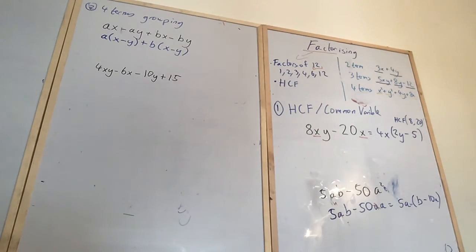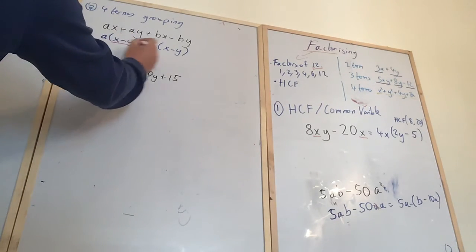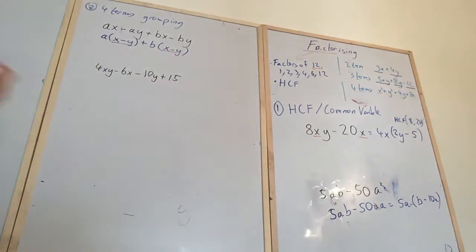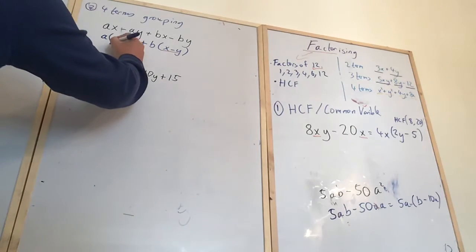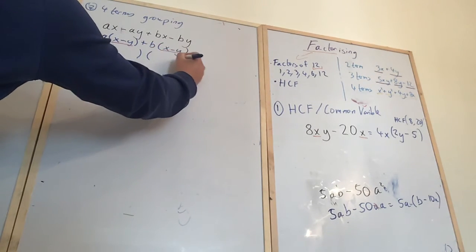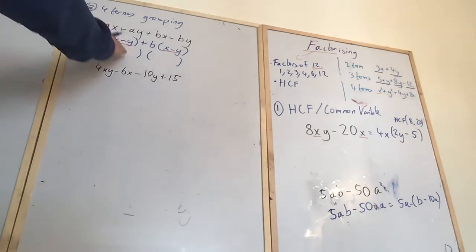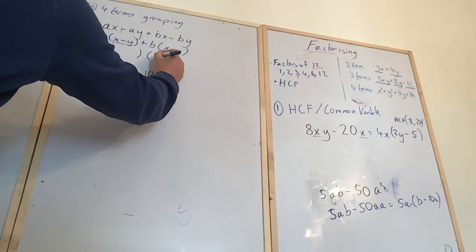Okay, a little bit of a self-check is that what's in the first bracket and what's in the second bracket should be the same. To finish this question off, we need to have two brackets, and what was our common bracket, we will call our x minus y, becomes one of the brackets.